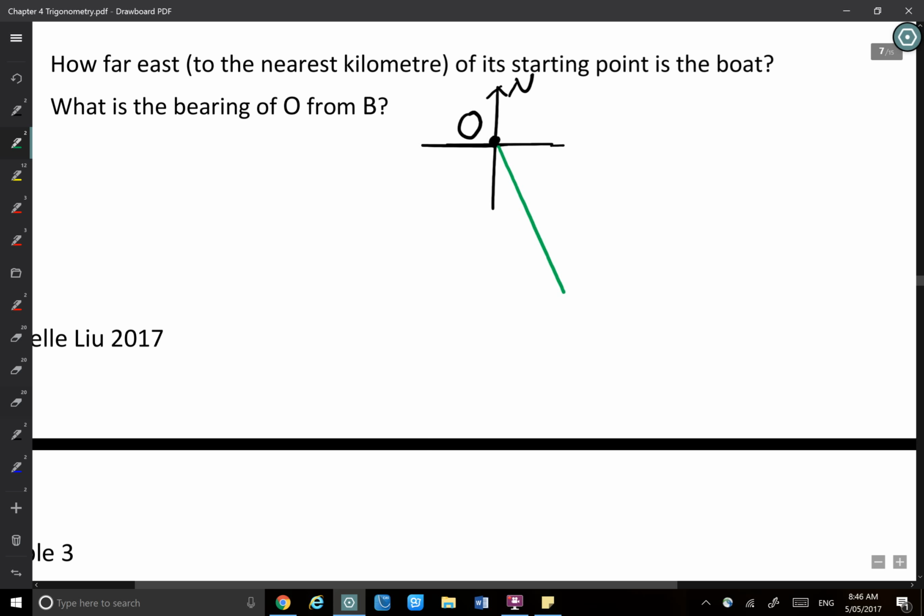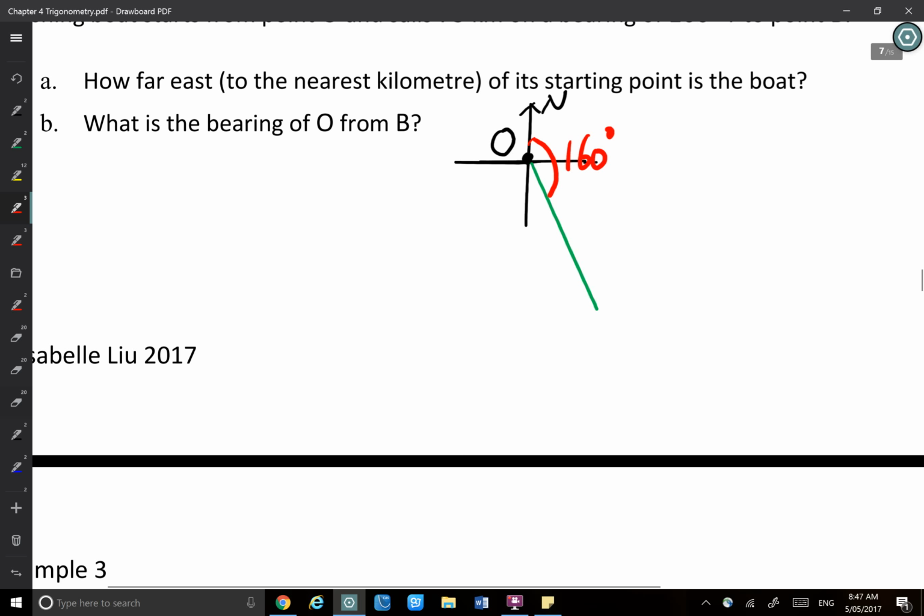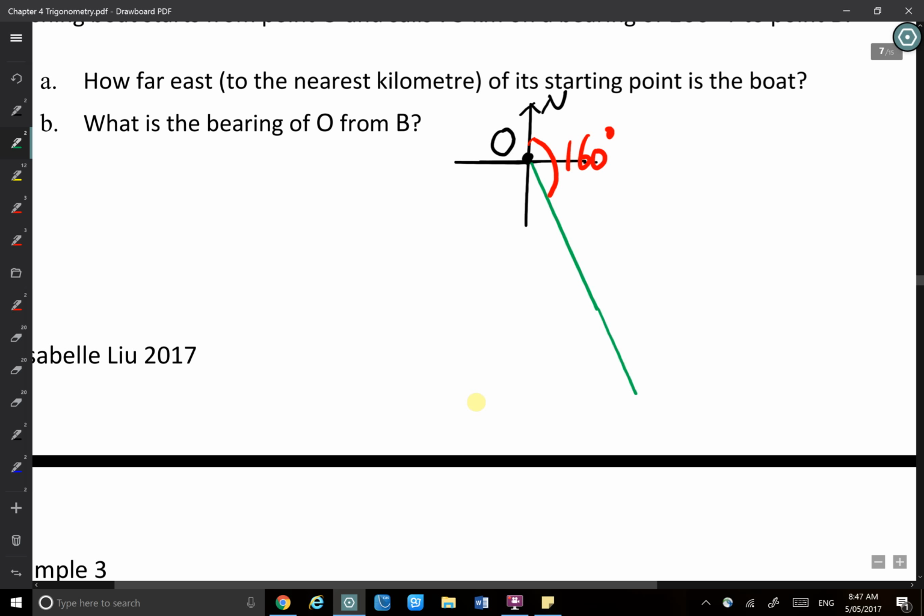I'm not sure if it's exact or not, but let's say it's 160 degrees here. And it sails 75 kilometers to point B.